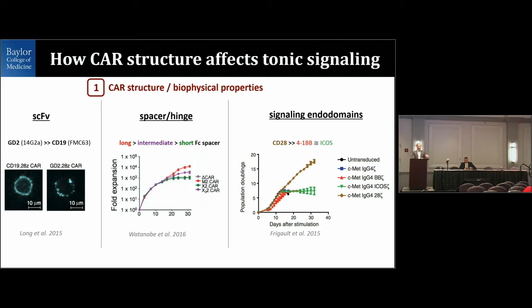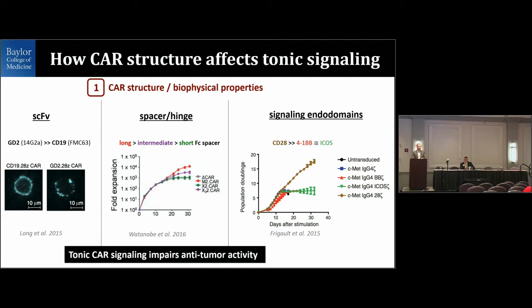But despite the fact that these cells seem to have additional increased expansion in vitro, the conclusion from all these three studies is that the presence of tonic signaling invariably impairs the anti-tumor function of T cells in vivo. And this has something to do with precluding the optimal expansion of the cells and making them unable to persist in the long term, indicating that constant buzzing of the CAR is not a good thing for T cells.